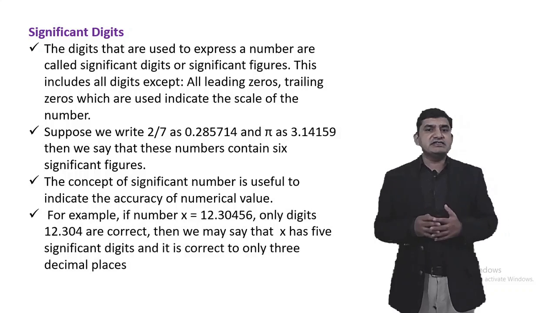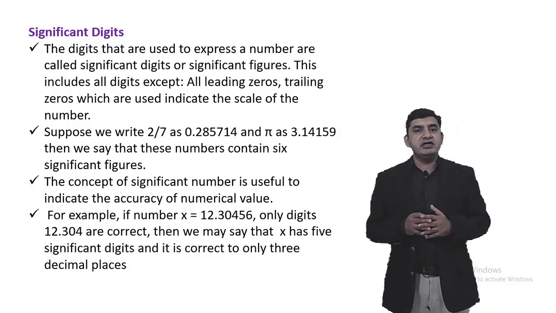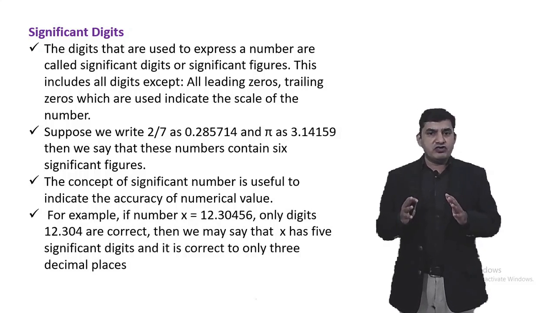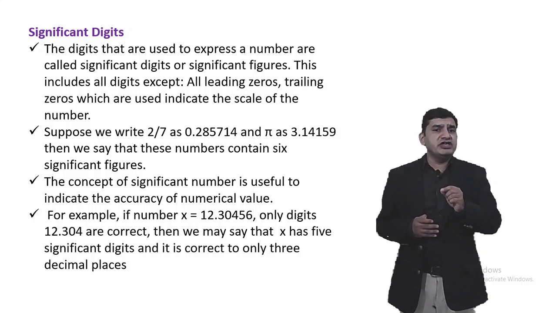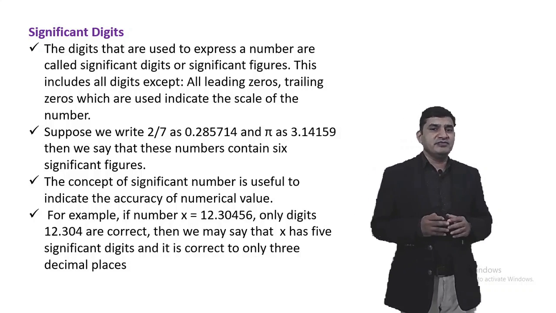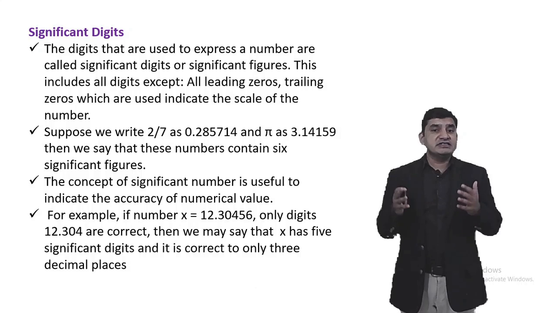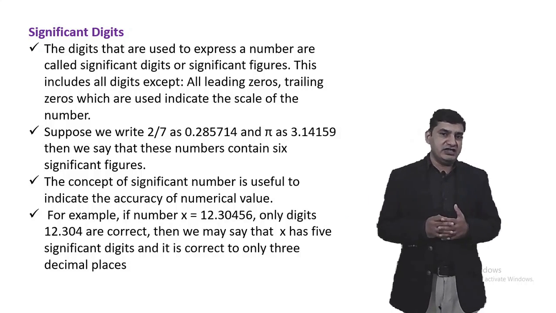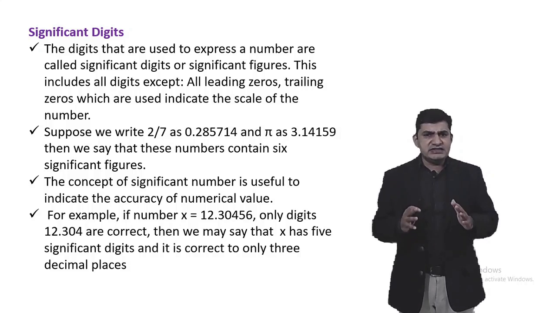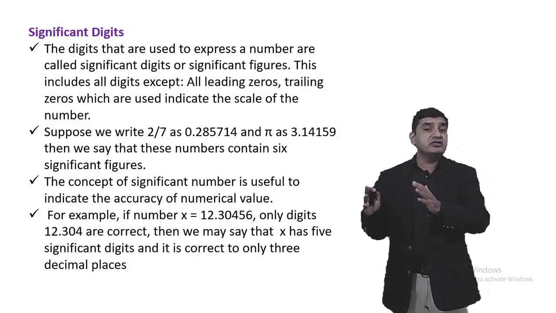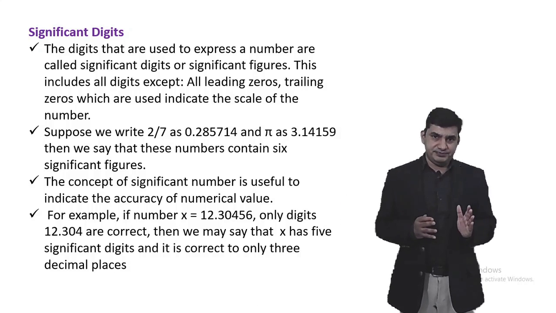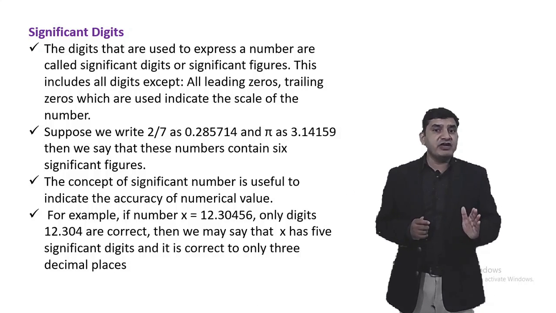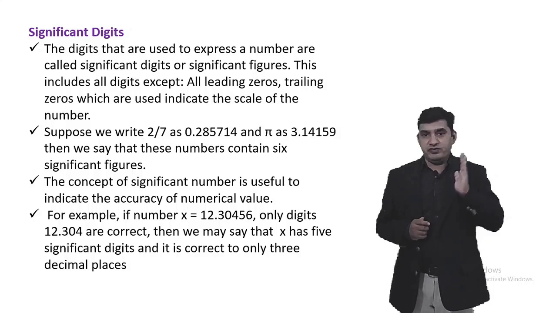For example, if we consider x is equal to 12.30456 and only the digits 12.304 are correct, then we may say that x has 5 significant digits and it is correct to only 3 decimal places, that is after the decimal point. So significant figures is 5.